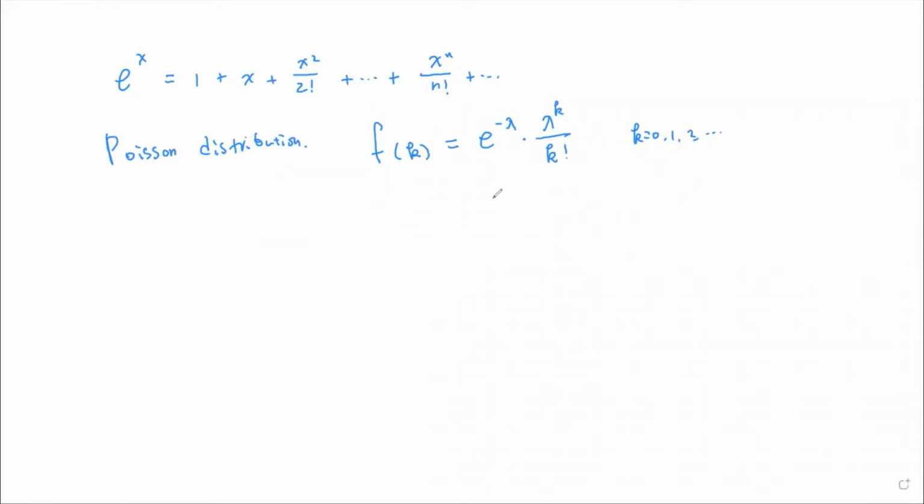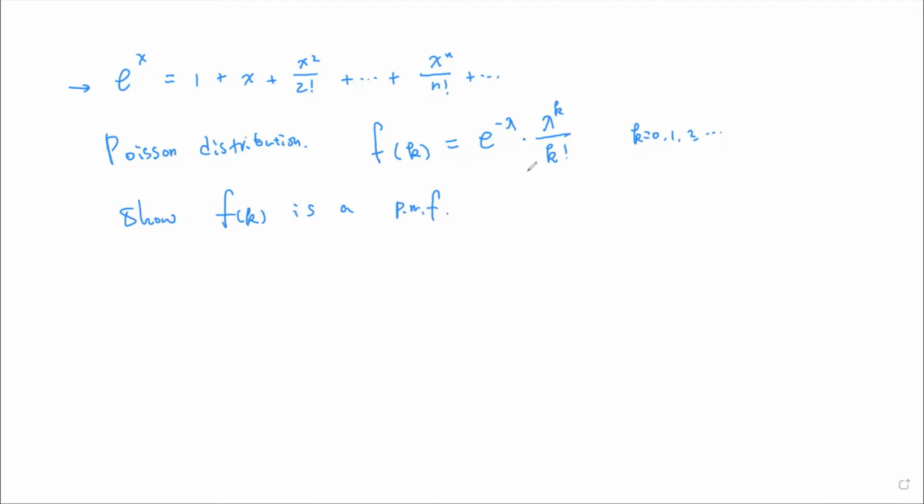Lambda is a parameter. This is a PMF. Okay? We actually can use this fact from calculus to prove that. So we want to show this f of k is a PMF.